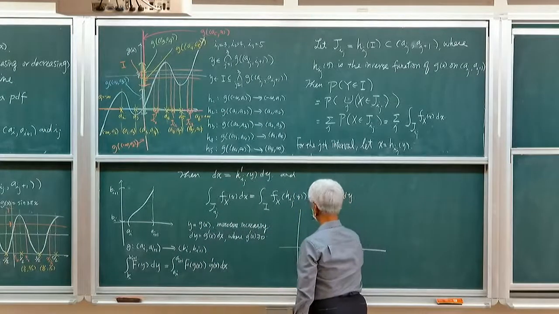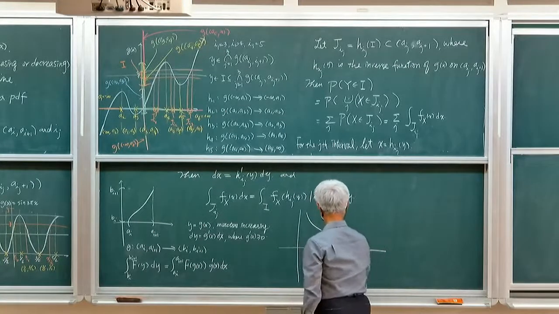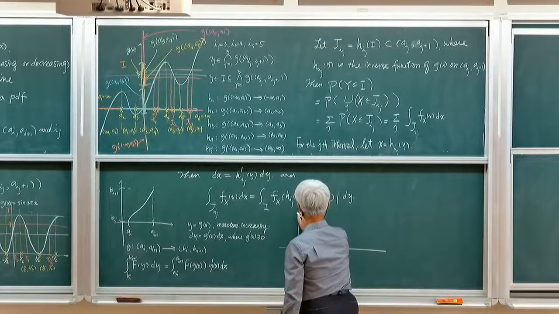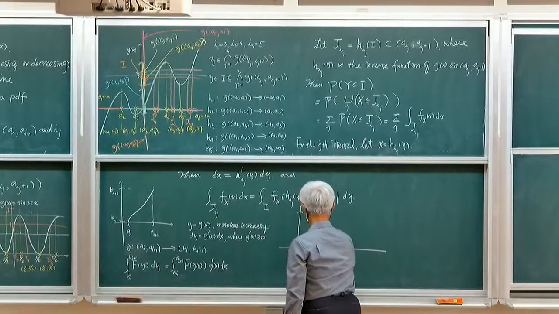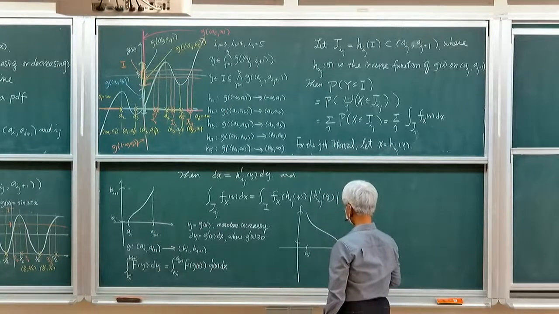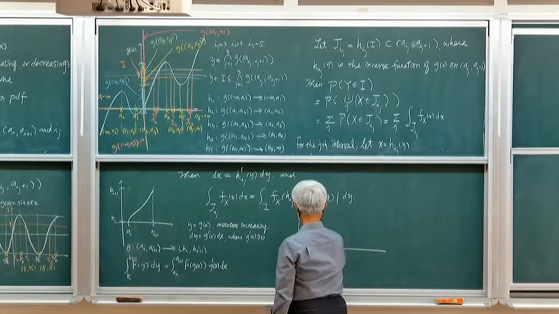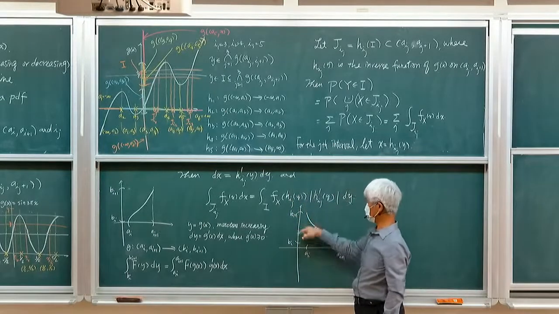Now another case. Suppose you have a_i and a_{i+1}. Okay. And you have b_i and b_{i+1}, because usually we wrote this way.